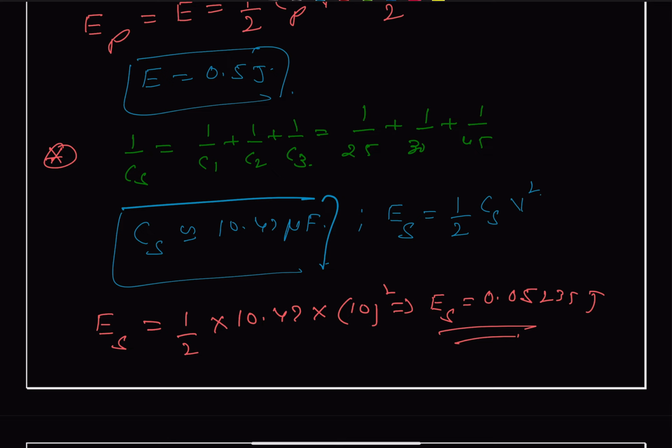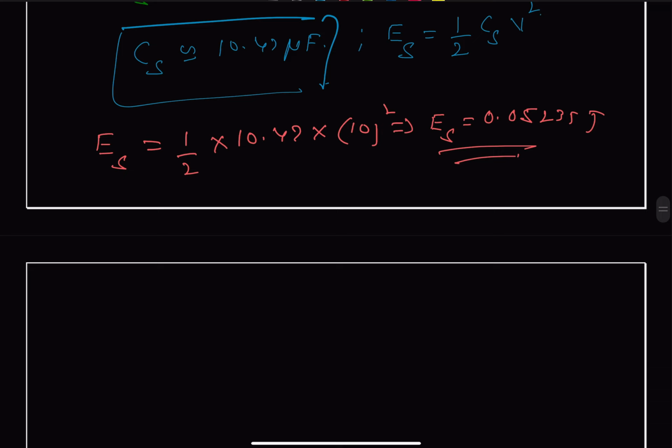And the relationship is given to us. We are given that Es is equal to 9 times E divided by X. So we substitute the values.